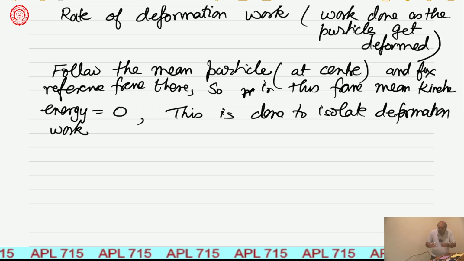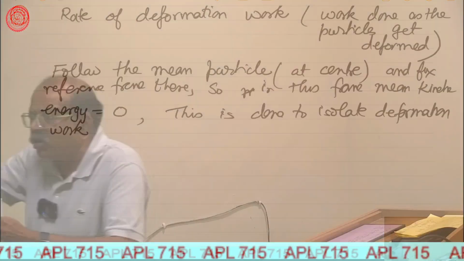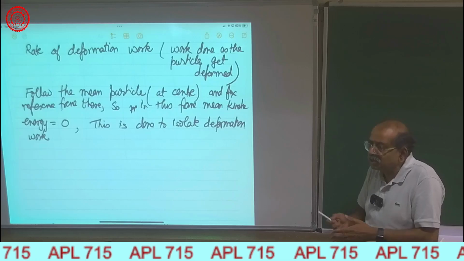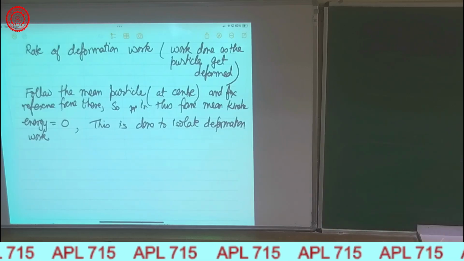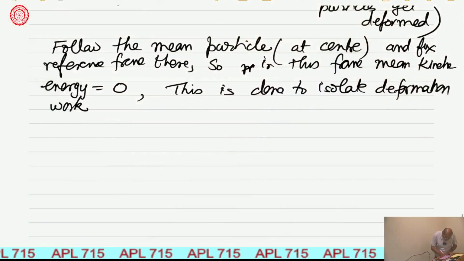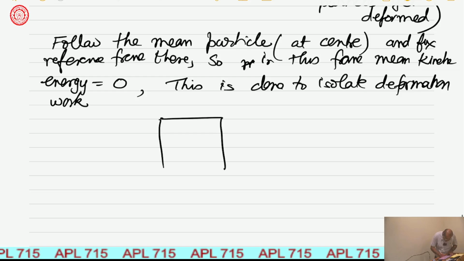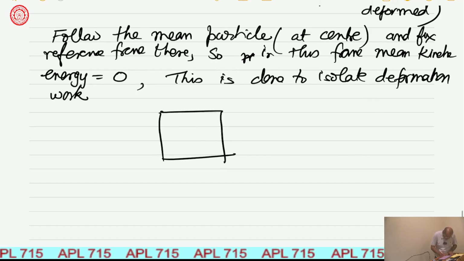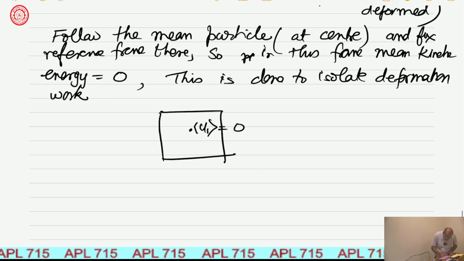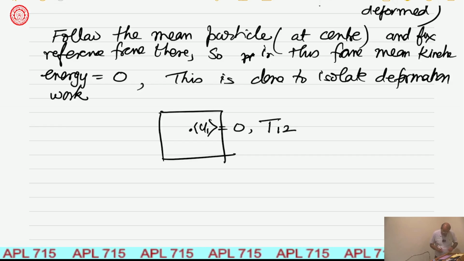Whatever is the extra velocity compared to the mean, what is the work being done by this extra velocity? We want to find that. And so here now, if I draw this element again, here we have mean of u1 will be 0 in this reference frame, and it has a shear stress of T12.